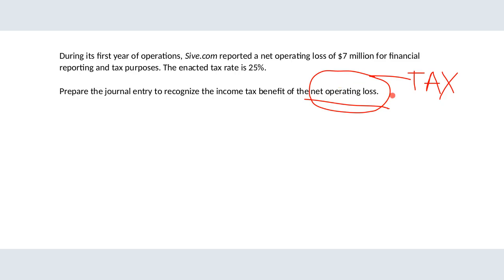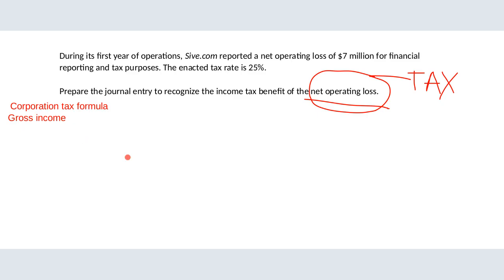So let me just represent the little formula for corporation tax. And don't worry, I'm not going to bore you to death. We have our gross income, right?